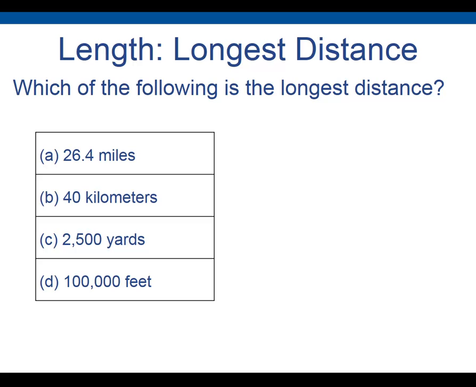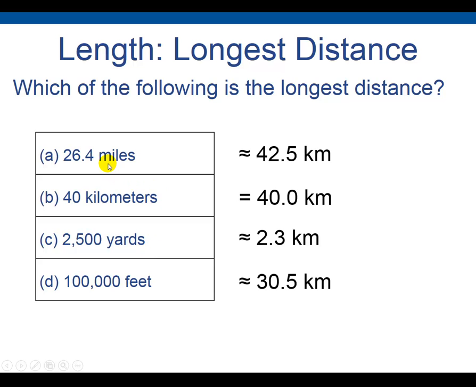The other question is finding the longest distance. We have 4 examples, and these 4 examples have different units. One is miles, the other is kilometers, yards, feet. So which one is the longest distance?